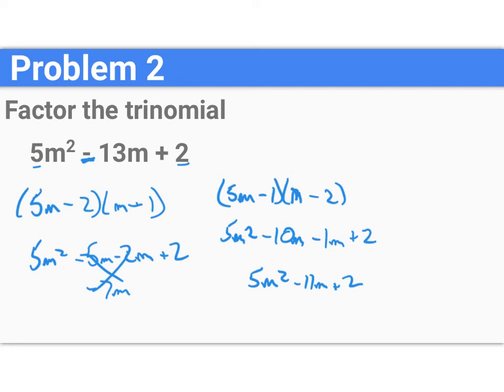We tried the 2 and a 1 in both spots. Does not make a difference. You don't need to switch the first term. So I would say as of right now, this trinomial is not factorable. There are some trinomials that are not factorable.